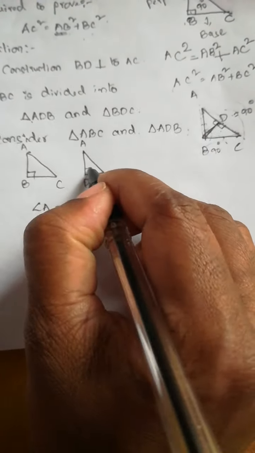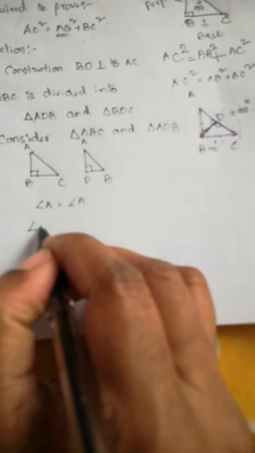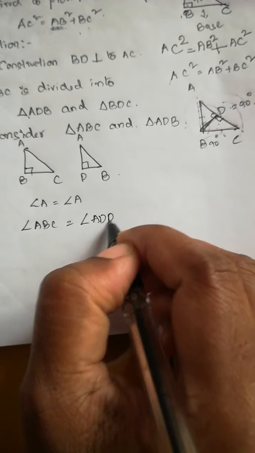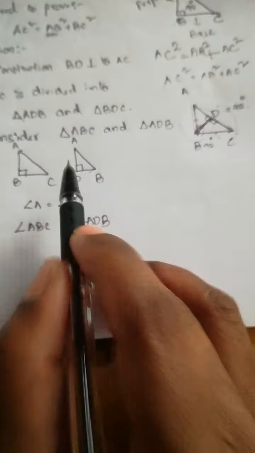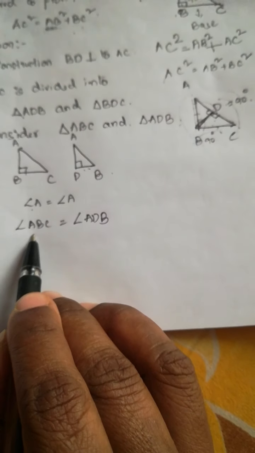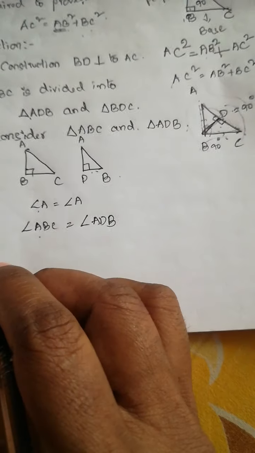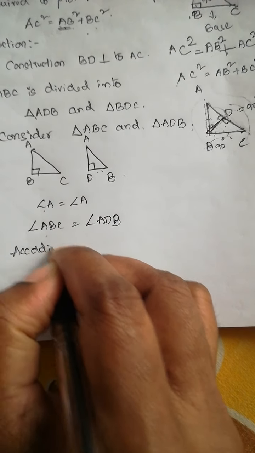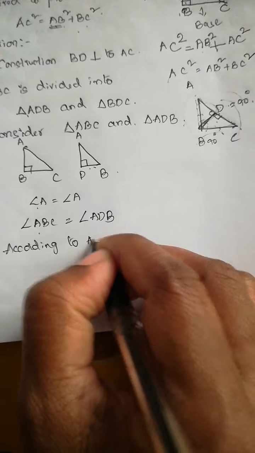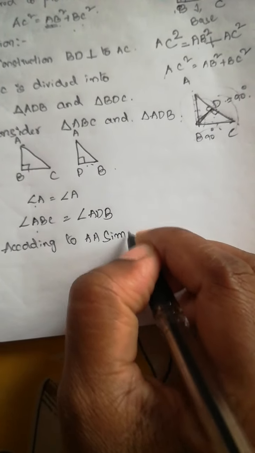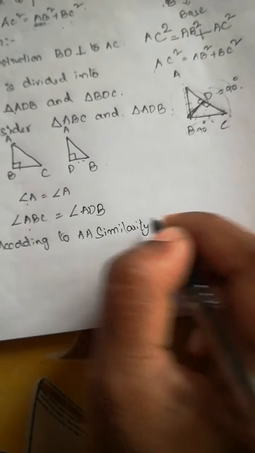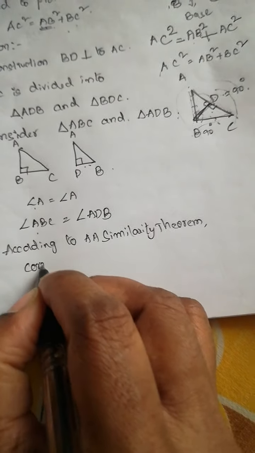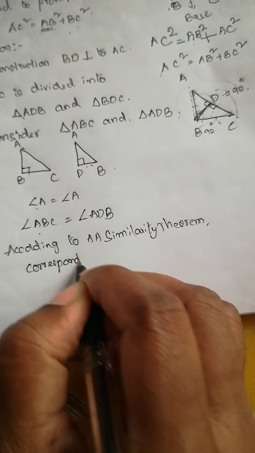So angle ABC is equal to angle ADB. See, in these two triangles, one angle is equal, second angle is equal. If two angles are equal in two triangles, then according to the similarity theorem, corresponding sides are in proportion.